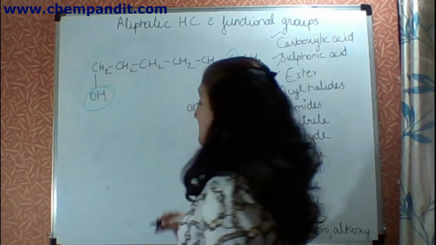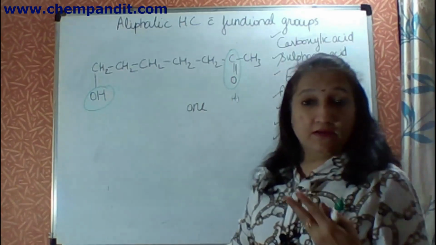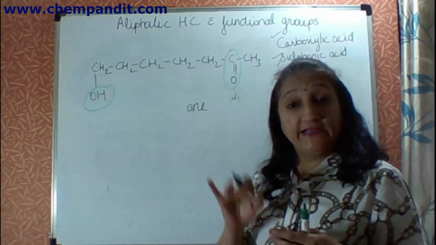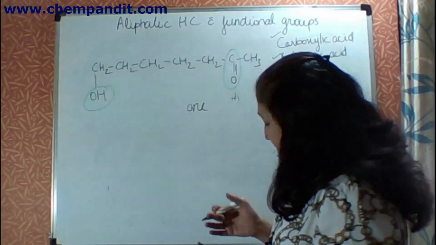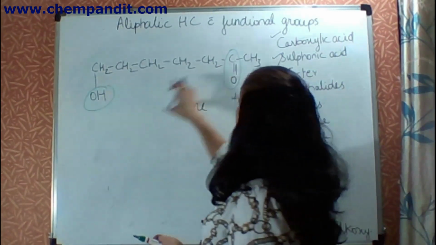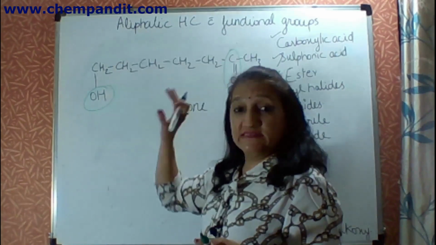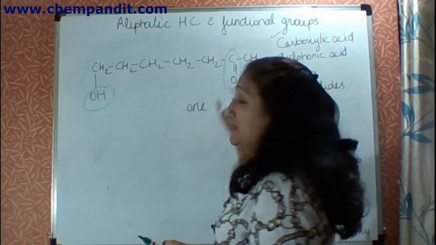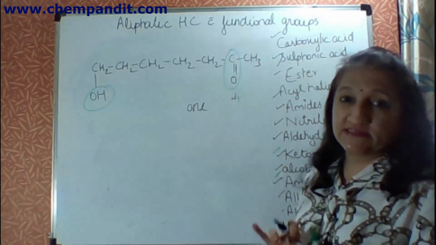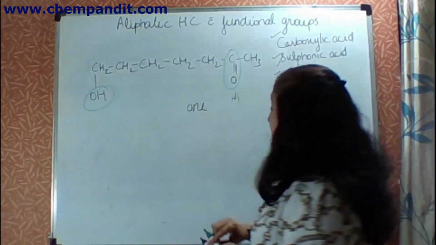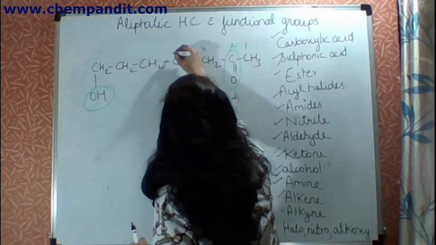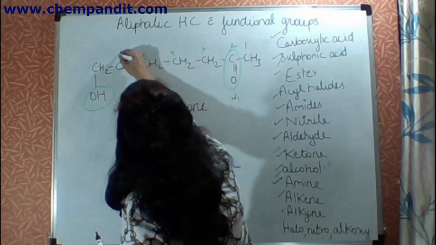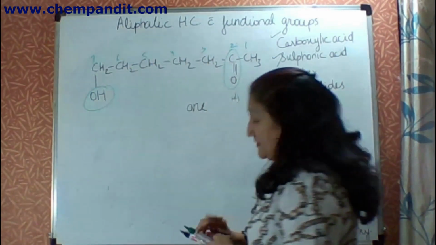You know, the secondary suffix of a ketone is -one. Now let's number the compound. You already know we will number the compound in such a way that the primary functional group gets the lowest number. Clear? So let's count it from this side 1, 2, 3, 4, 5, 6 and 7.